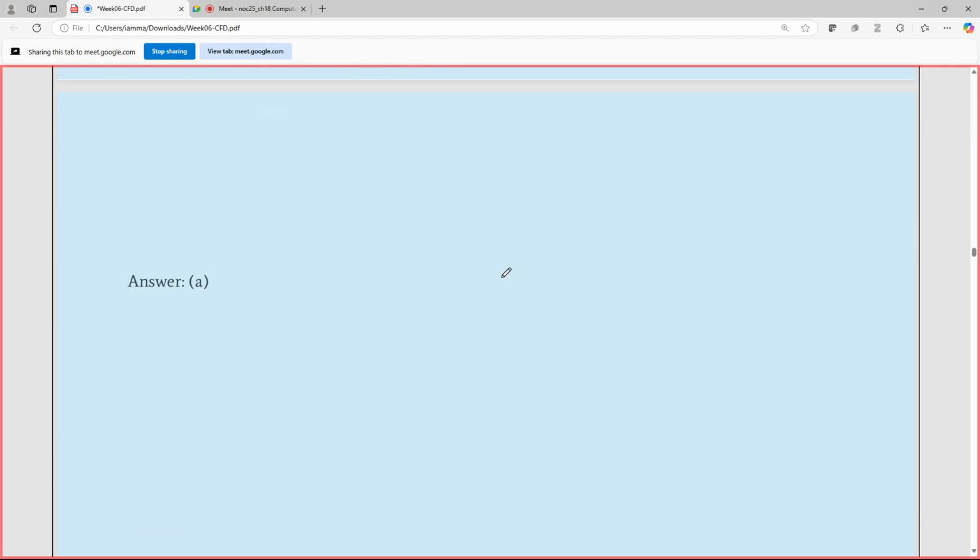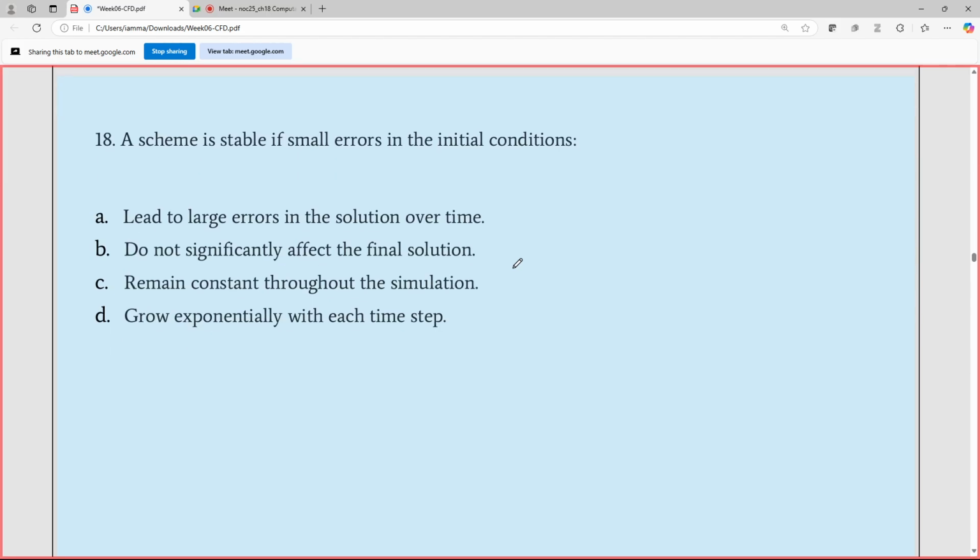Okay, moving on to next question. A scheme is stable if small errors in the initial conditions: options are, option A, lead to large errors in the solution over time. Option B, do not significantly affect the final solution. Option C, remain constant through the simulation. Option D, grow exponentially with each time step. So the question is on stability.